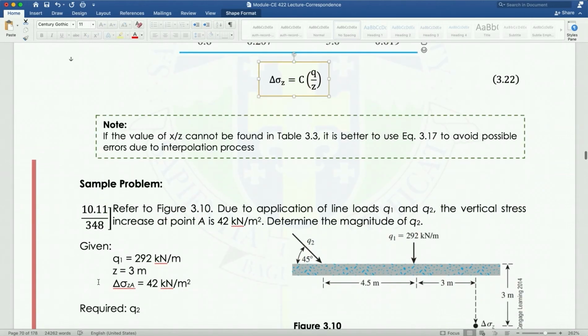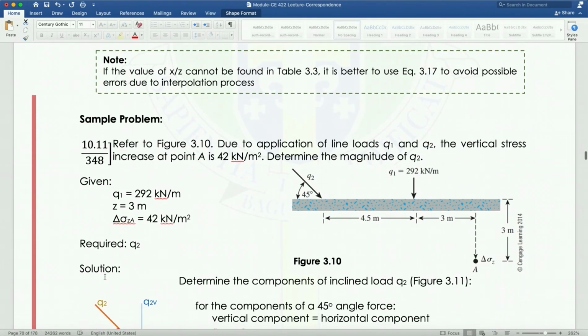Okay, let's have a sample problem. Referring to the figure, due to application of line loads Q1 and Q2, the vertical stress increase at point A is delta sigma z equal to 42 kilonewton per square meter, or kPa.